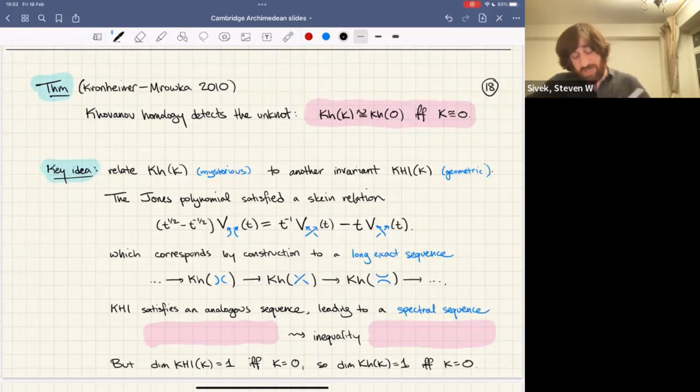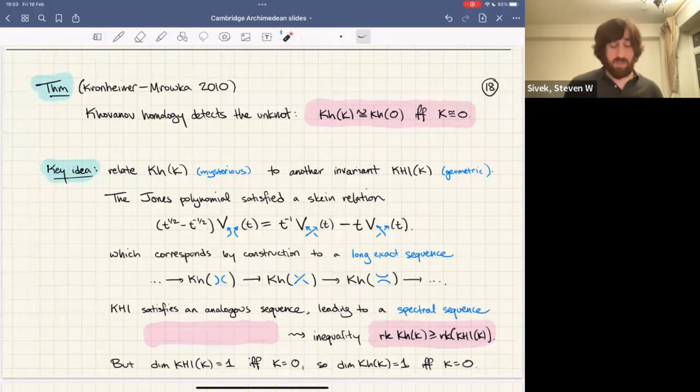That's a tool from homological algebra that gives you a rank inequality that says that the rank of the Khovanov homology is at least as big as the rank of this other geometric invariant. And they could prove that this geometric invariant is one-dimensional exactly when K is unknotted.